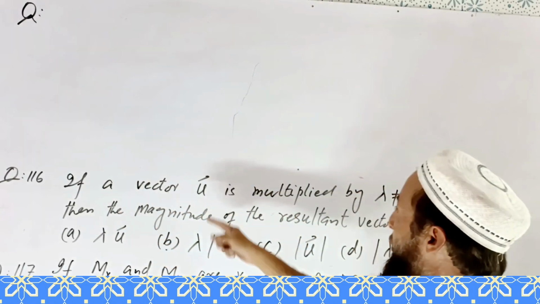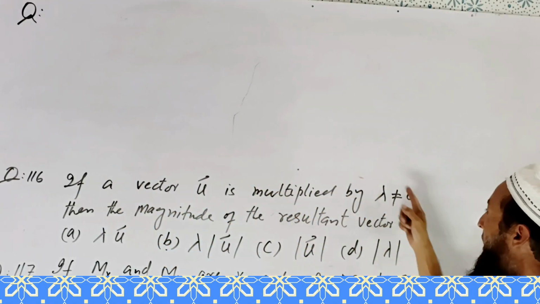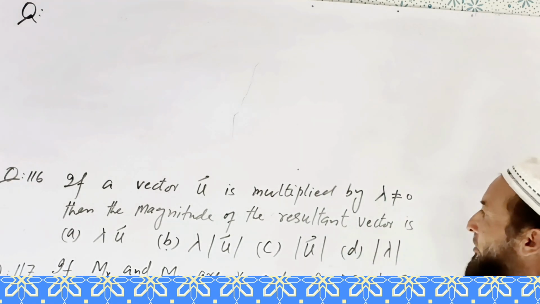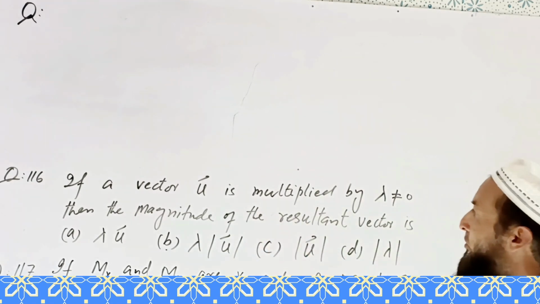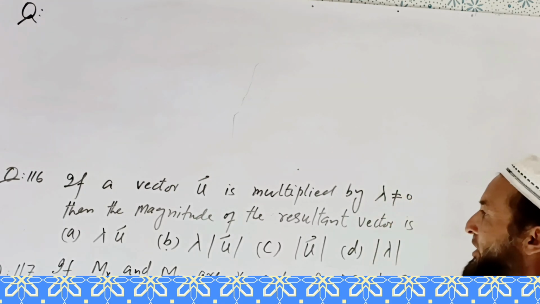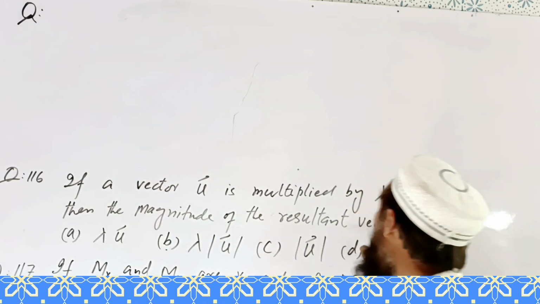If a vector u is multiplied by lambda, not equal to 0, because if it is equal to 0, the vector will be equal to 0. So it is not 0 but always positive, then what will be the magnitude of the resultant vector?